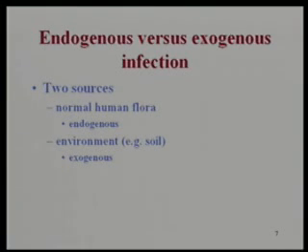Okay, so it's going to be endogenous, coming from fecal matter, or it could be from contamination with soil. And if somebody, for example, is on a battlefield and they've been hit by a bomb and they're lying on the ground in a bunch of mud or dirt, obviously it could come from either an exogenous or an endogenous source, and nobody would have a clue which one it was. Okay, so this is really just to get an idea of why this is happening rather than what happens in a particular patient.